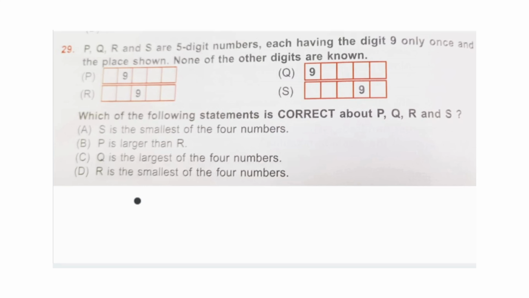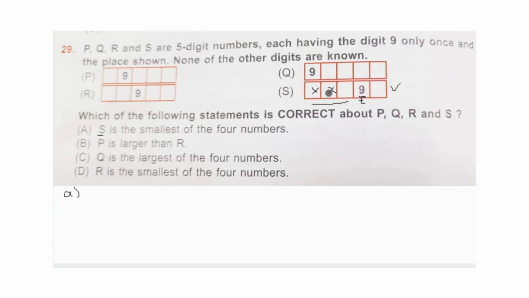Let's evaluate each answer and find if we can relate to the answer. The first option, option A, says S is the smallest of the 4 numbers. Here, the 9, which is a known value, is at the tens position, but we don't know the other numbers.